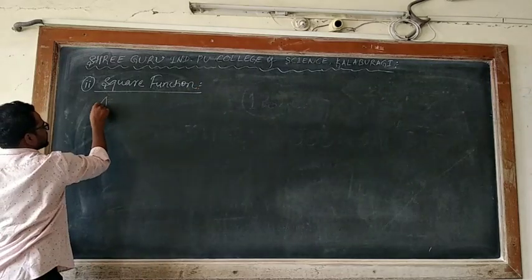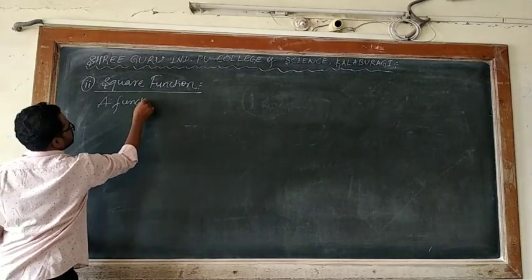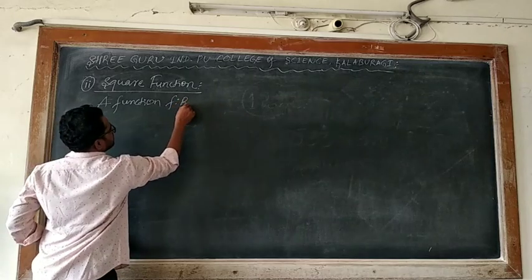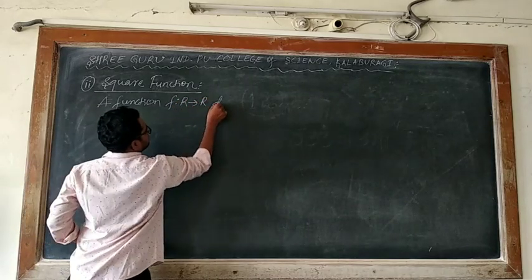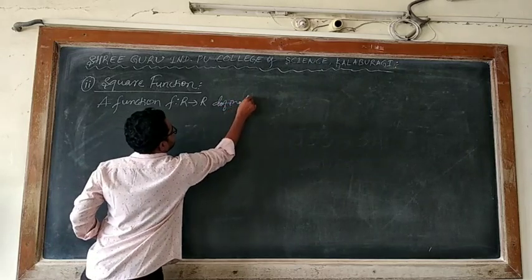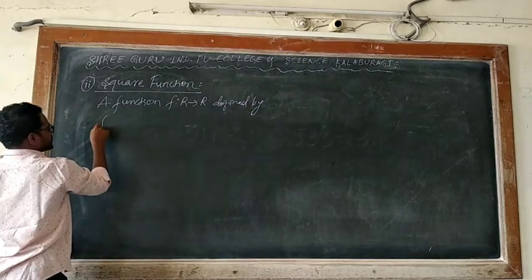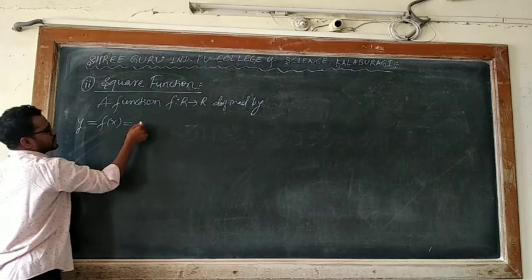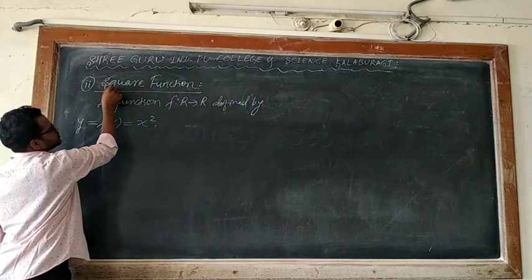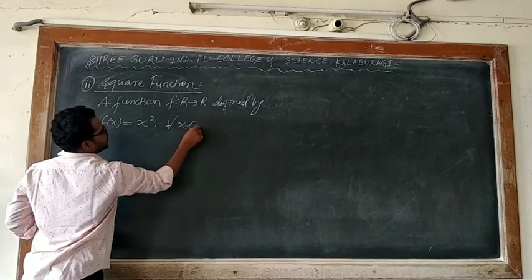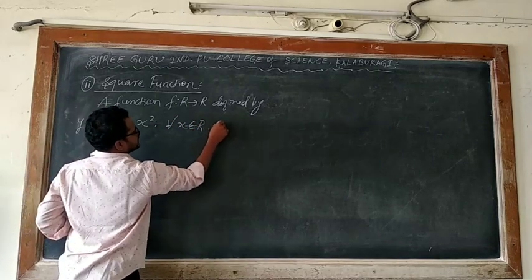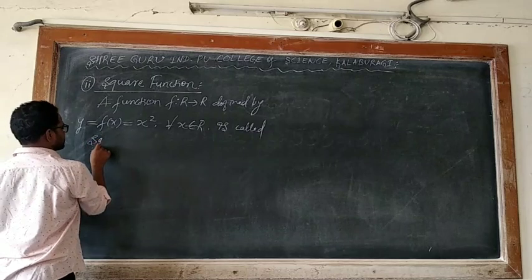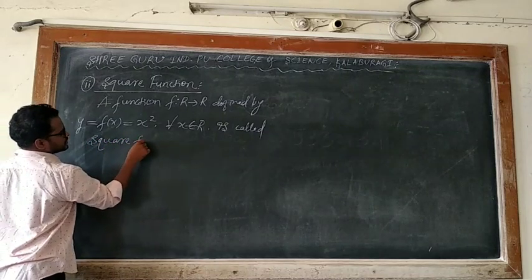I will define the same kind of function: f from real numbers to real numbers defined by f of x, which you can also call y. y is equal to f of x, and f of x is equal to x square, for all x belonging to real numbers. This is called the square function.